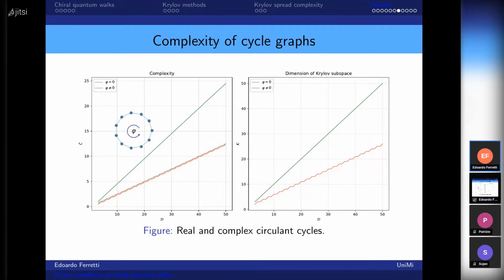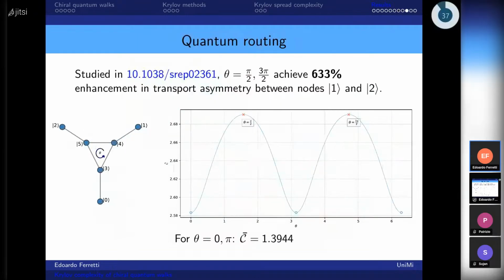I should stress this: in those cases, phi being 0.01 or 0.02, as long as the degeneracy is broken, the complexity is insensitive to these changes. Here, the case is different. So we have a non-trivial relation.